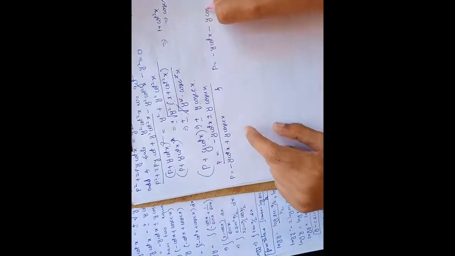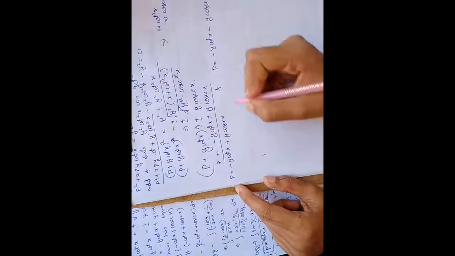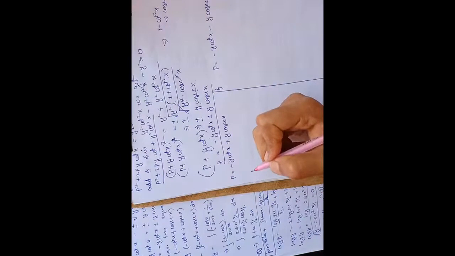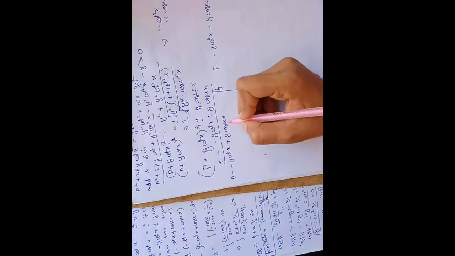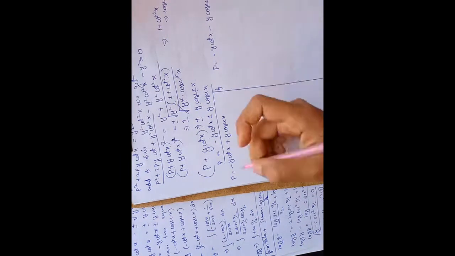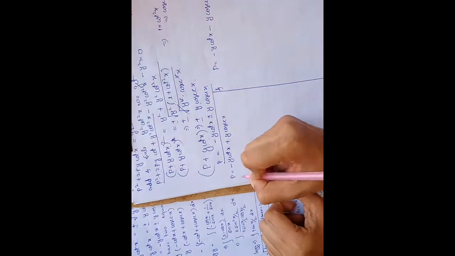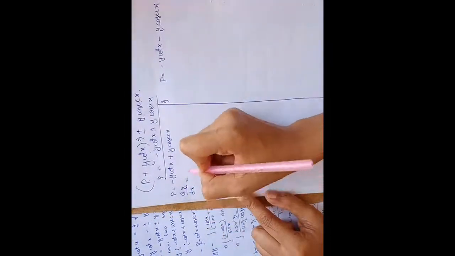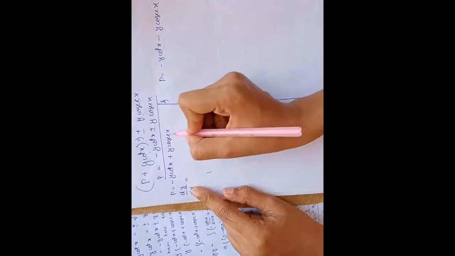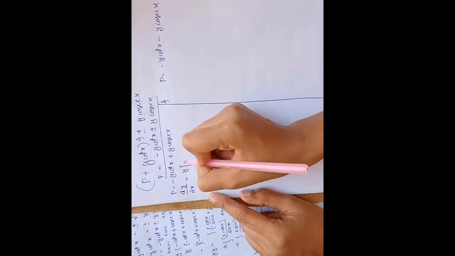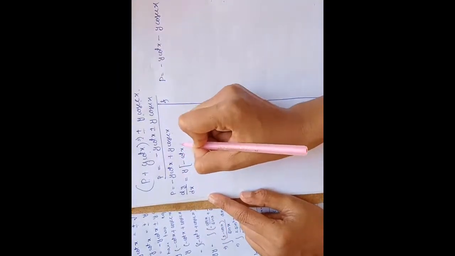Okay, so now we will solve one by one. p is equals to minus y cot x plus y into cosec x. So now write p is equals to dy by dx. So dy by dx is equals to, take y common from both the terms, so you will get y into minus cot x plus cosec x.